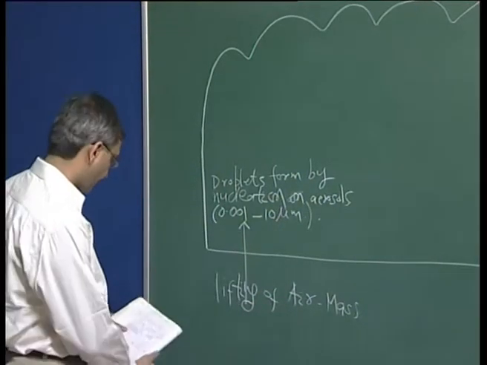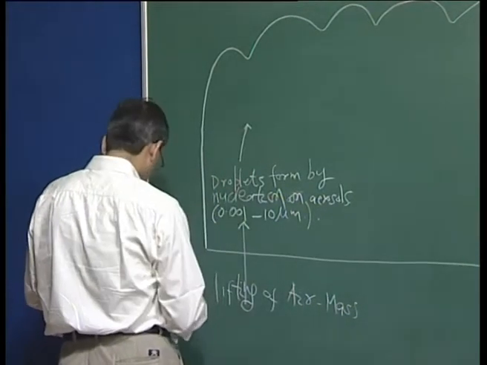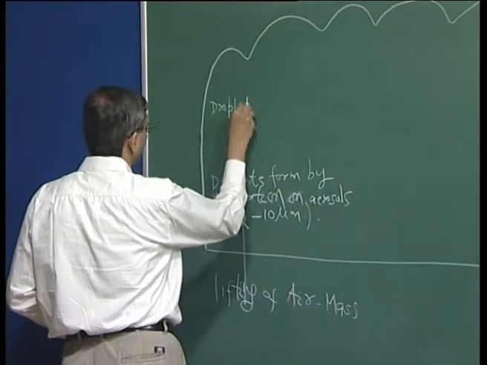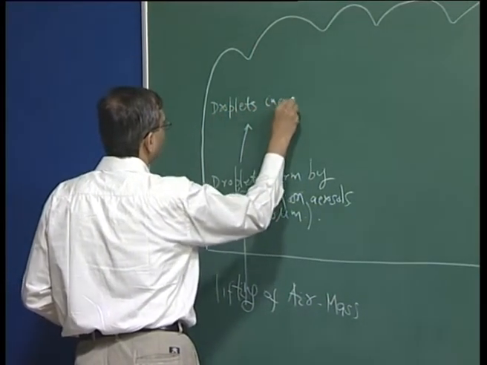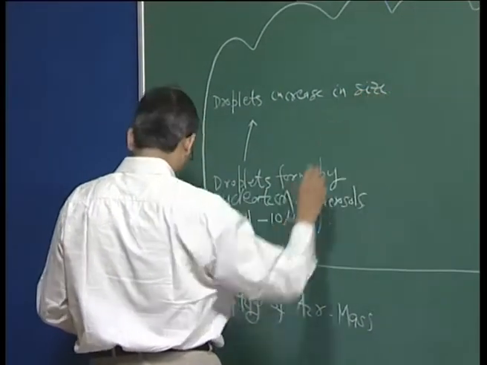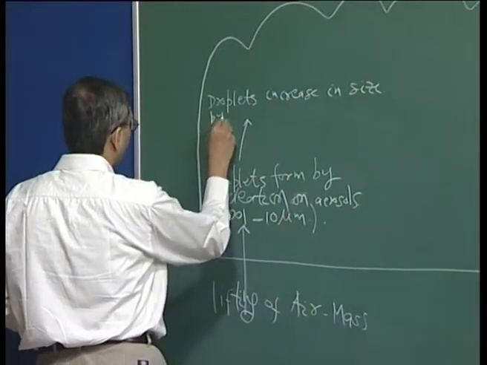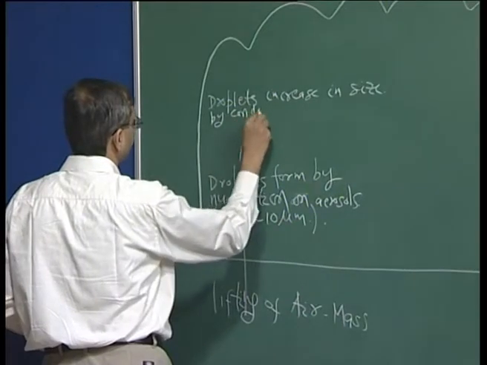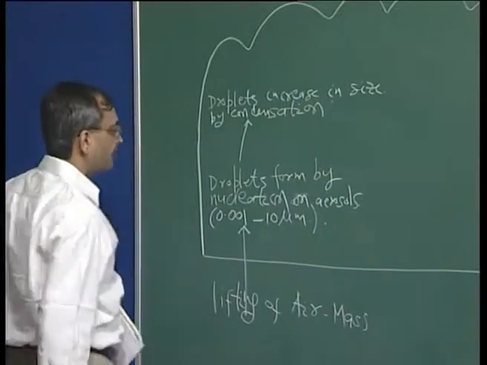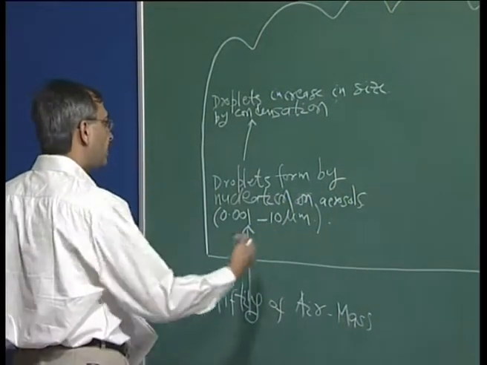We said that yesterday. After that, some of these droplets increase in size by further condensation. So, we have these two basic mechanisms: lifting of the air mass and the presence of nuclei or aerosols.